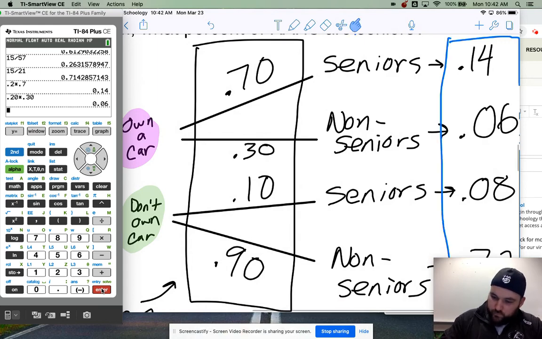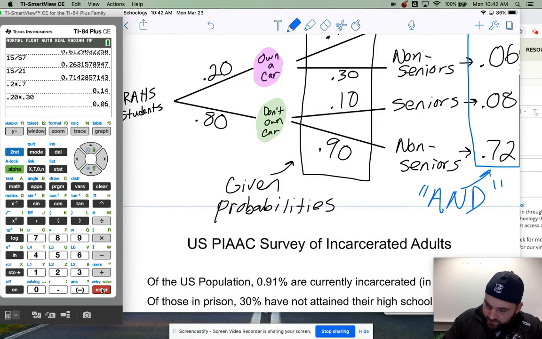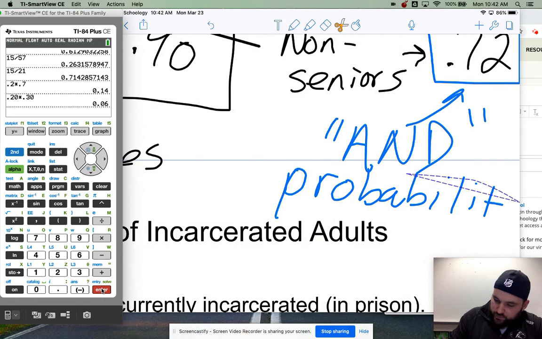So if you're asked a question about what's the probability you choose someone who's a senior and has a car, that's where we're going to use the end of the branches of the tree diagram.